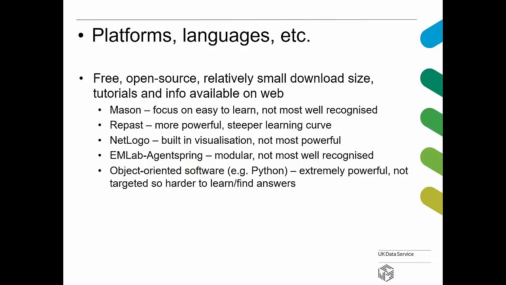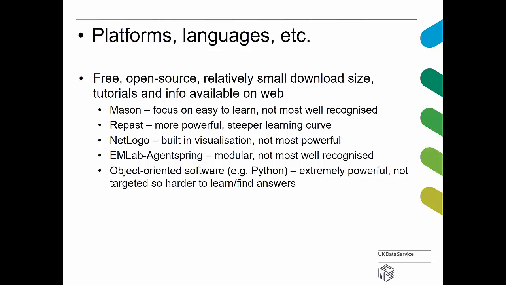It's modular, which means you can just borrow other people's code and slot it into your model without having to do a whole lot of complicated coding and testing. But it is a bit industry specific, as in it's focused on modeling industries, electricity and production and manufacturing, and it's not that well recognized outside of those fields.